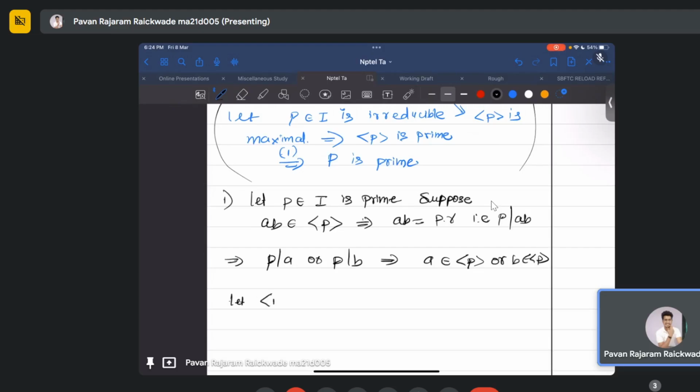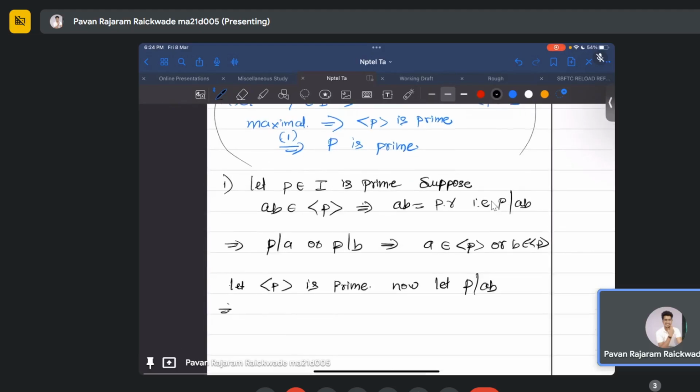That the ideal generated by P is prime. Now let P divide AB. What does this imply? This implies AB belongs to the ideal generated by P. But since the ideal is prime, this implies either A belongs to the ideal generated by P or B belongs to it.